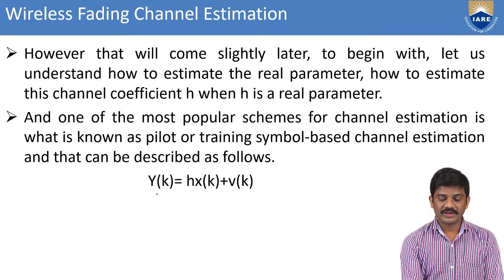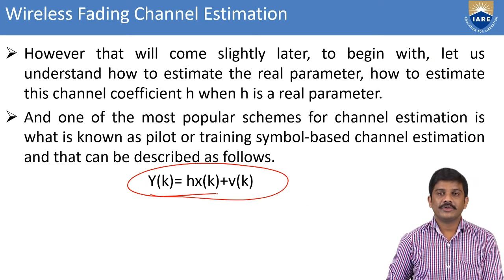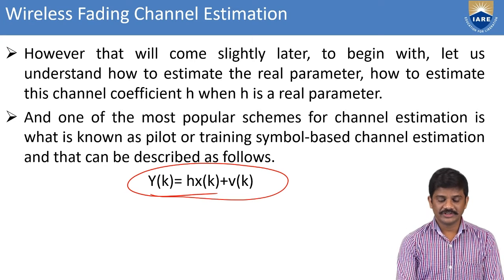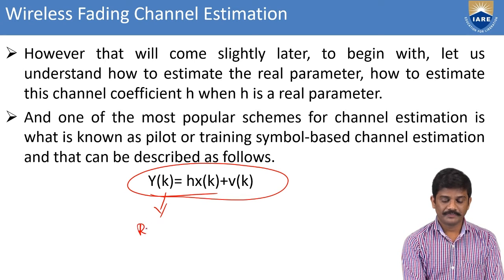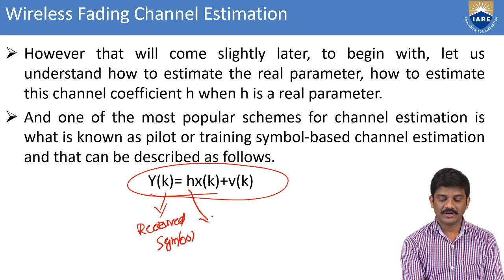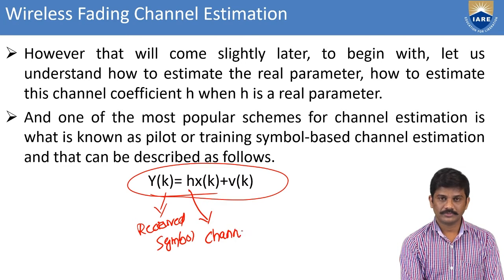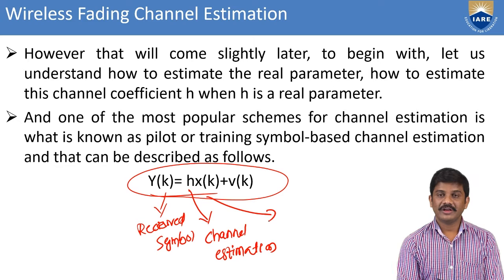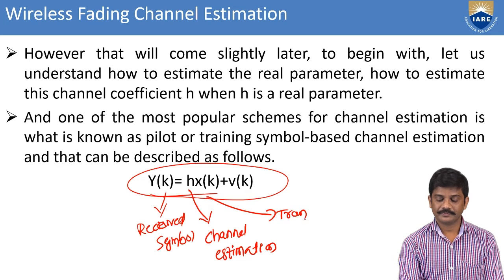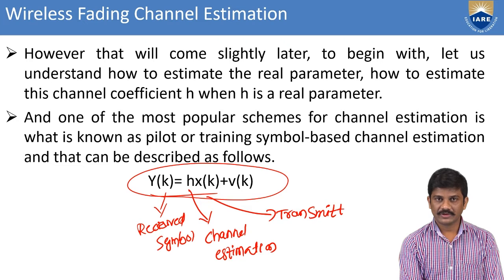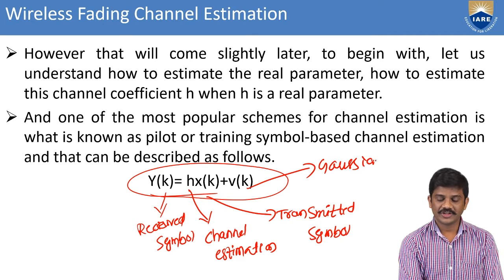However, considering this observation model, y of k equal to h of k x of k plus v of k. Here y of k is the received symbol, h of k is the channel estimation, x of k is the transmitted symbol, and v of k is the noise, that is Gaussian noise.